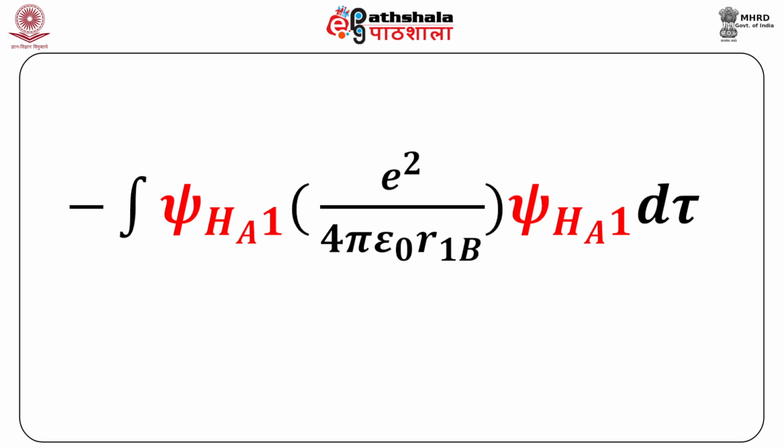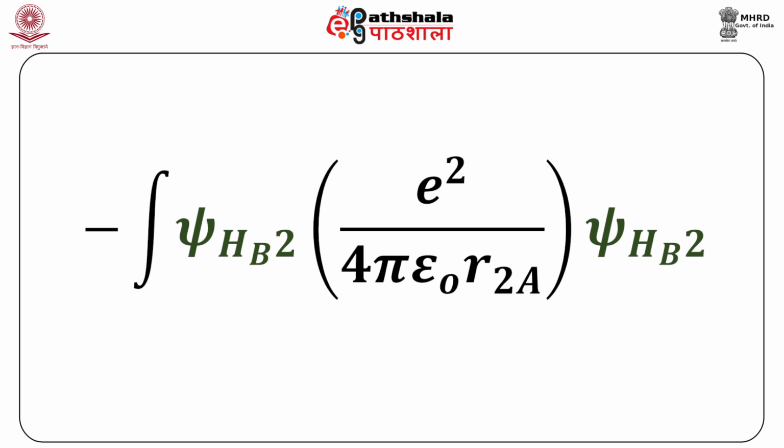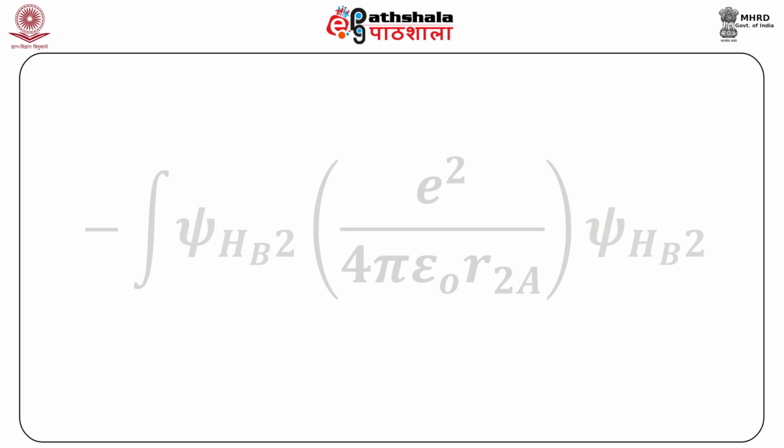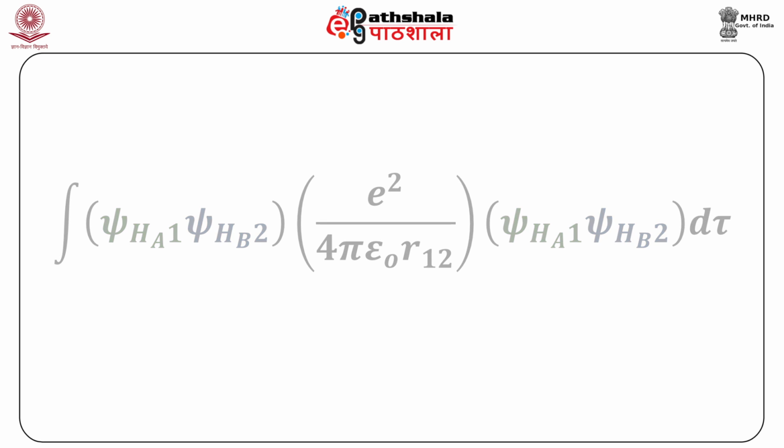The first term in this expression represents the interaction of charge density of electron 1 around nucleus A with nucleus B. The second term, if you closely examine it, represents the interaction of charge density of electron 2 on nucleus B with nucleus A. The third term is representative of mutual Coulombic interaction energy of two electronic charge densities.